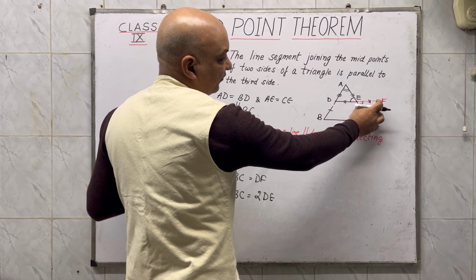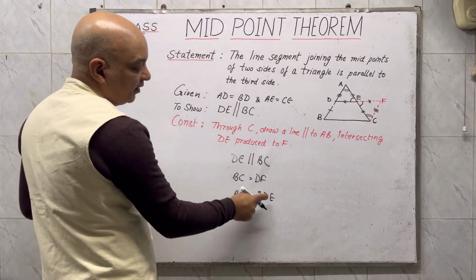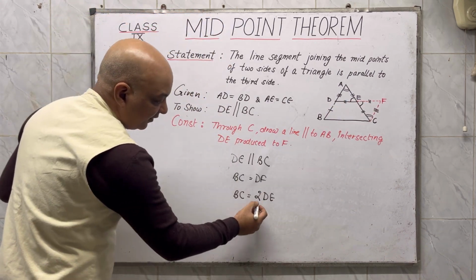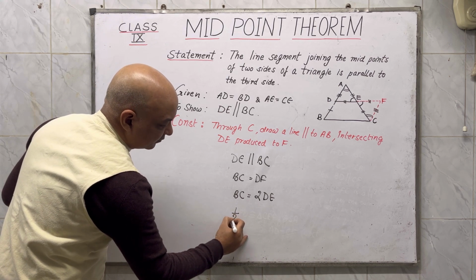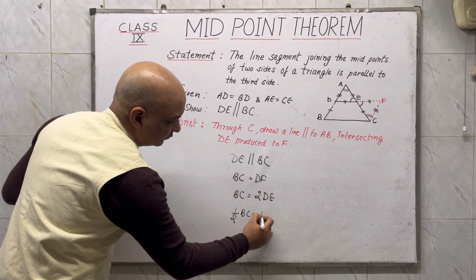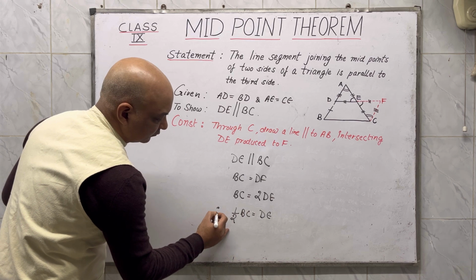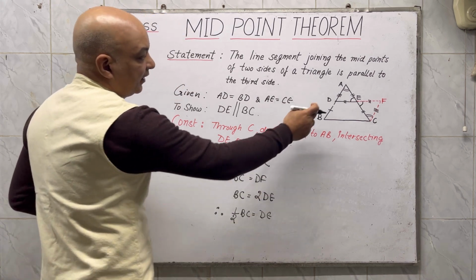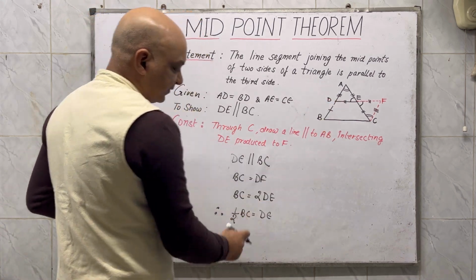I can write double of EF also, but I have written double of DE. If I take 2 to this side, I get DE equal to half of BC.